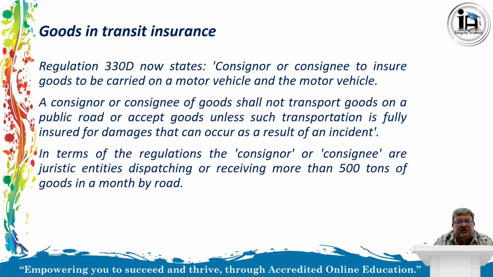A consignor or consignee of goods shall not transport goods on a public road or accept goods unless, very important, they are not allowed to transport goods on public roads unless such transportation is fully insured for damages that can occur as a result of an accident. In terms of the regulations, the consignor or consignee are juristic entities dispatching or receiving more than 500 tons of goods in a month by road.